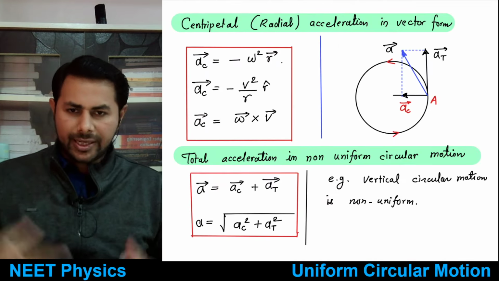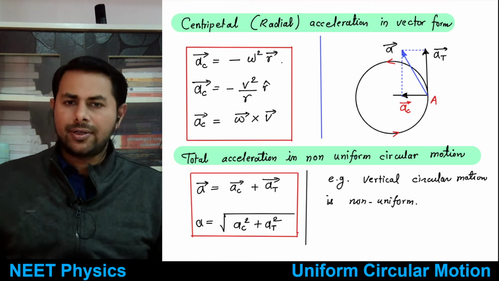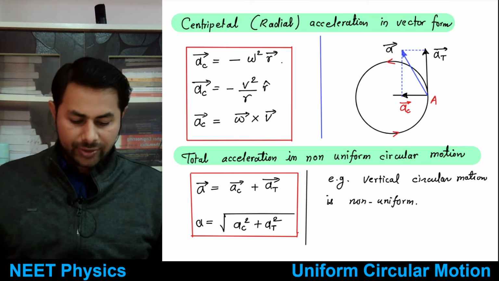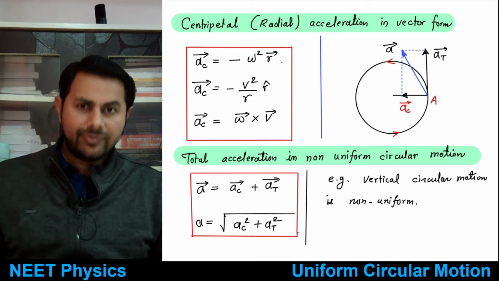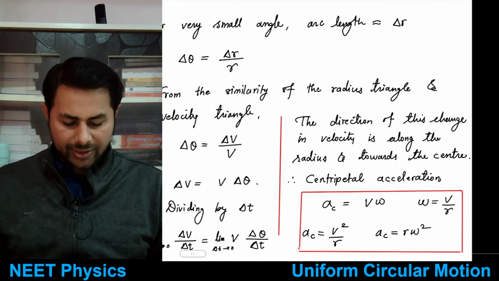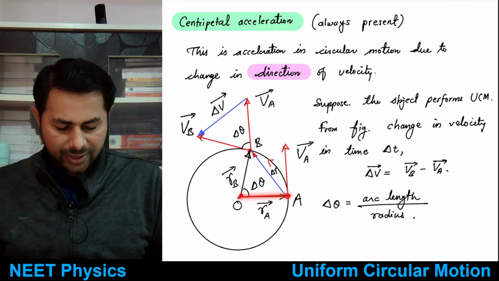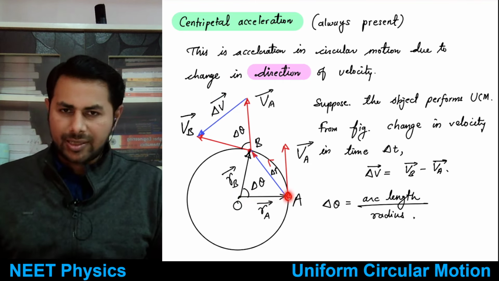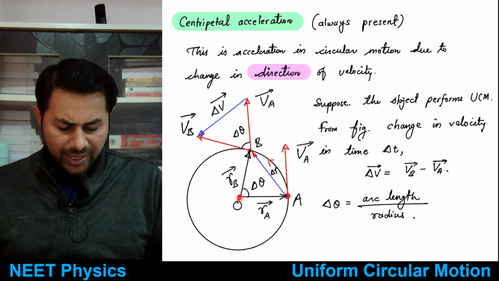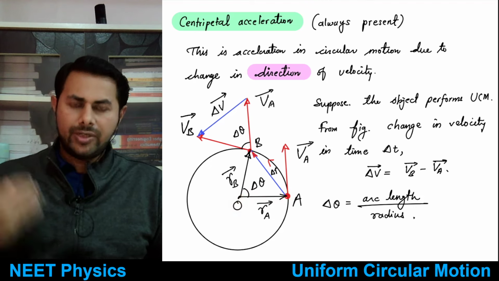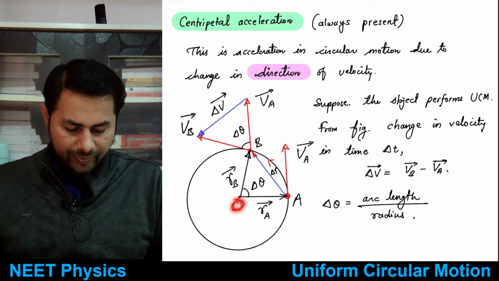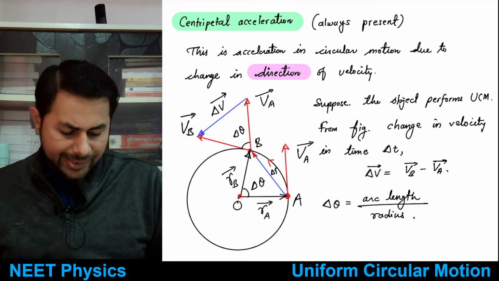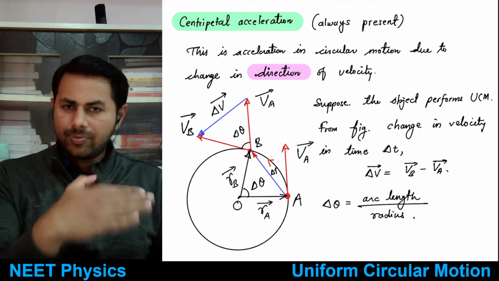Now I'm not proving it, I'm just telling you that its direction is along the radius and towards the center. So if you take the radius vector anywhere, the radius vector is the position vector of the particle in circular motion. It starts at the origin, which you can call the center of the circle, and is directed towards the position of the particle.